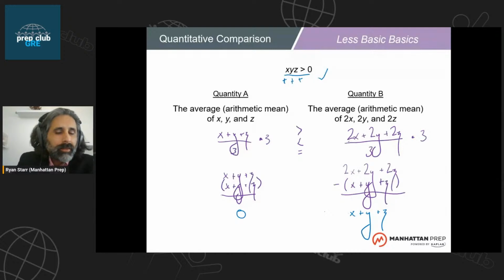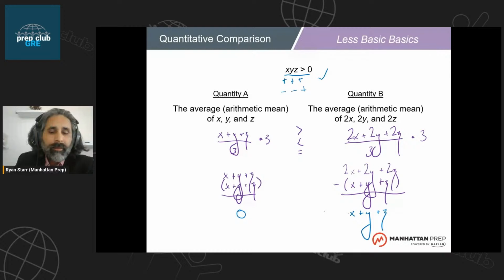But this sneaky side case is that 2 of them could be negative. Not all 3 of them, right? Because you got 3 things there. But 2 of them, yes. If only 2 of them are negative and they multiply by each other, that's going to turn positive, right? If x and y are negative, x times y is positive. Multiply that by z when z is also positive, and you got a winner, right?